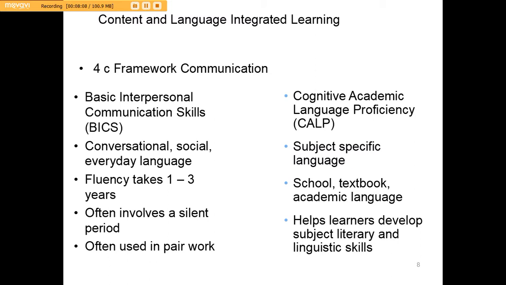So they get to talk about things like hydroelectric power stations, turbines, and vocabulary like this, which is really quite academic. But also this can help the learners to develop the subject literacy and linguistic skills within that specific subject. So there are two clear sides to the CLIL framework as far as the linguistic content goes.